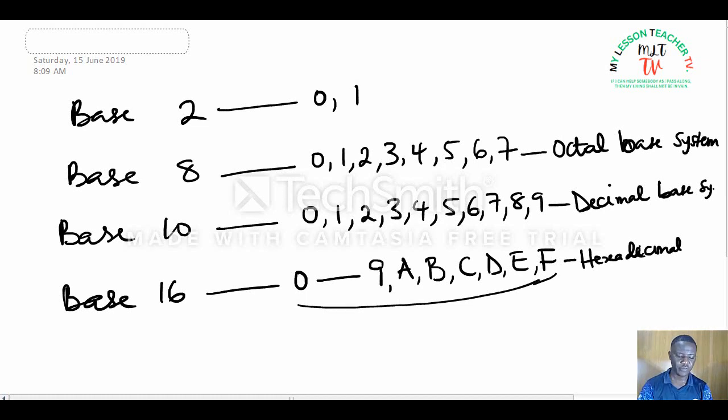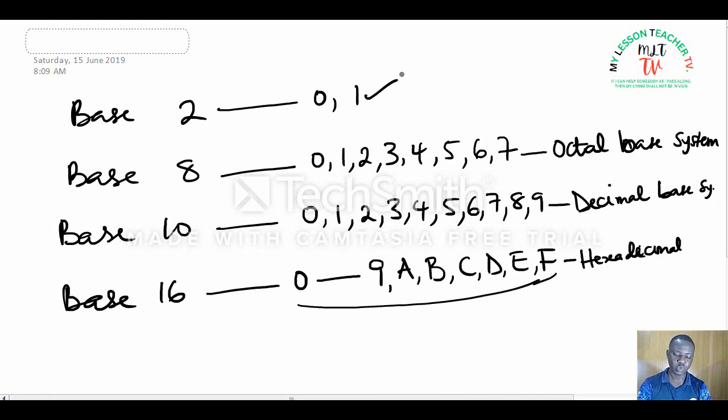Having known the different kinds of number base systems that we have, it is also good that we know how each of these operates. The base 2 system is mostly used by our computer devices, because most of the circuits in our systems have just 2 operations, the on and the off.